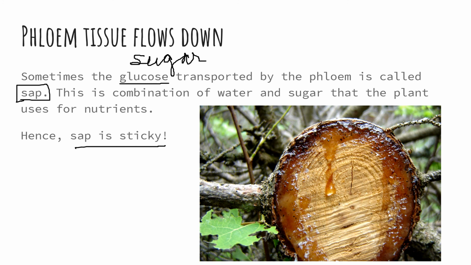If you've ever been doing yard work and dealt with the bark on the trees and plants, and your hands came away with a sticky feeling, that is the sap. And the reason it's sticky is the same reason honey is sticky or brown sugar is sticky or candy can be sticky sometimes, because of the sugar in it. So that right there is proof that the plant is making glucose.